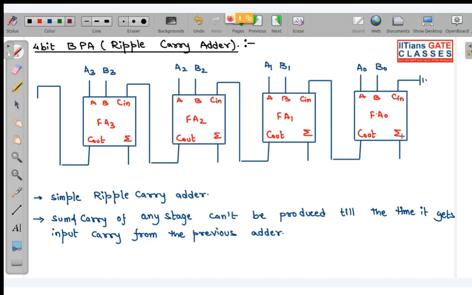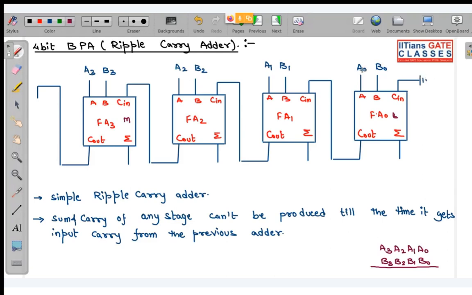This is your LSB position, this is your MSB position. Suppose you add A3, A2, A1, A0 with B3, B2, B1, B0. When I start from the LSB, there is no carry initially at this position. I have no input carry, so you can see I have grounded it.